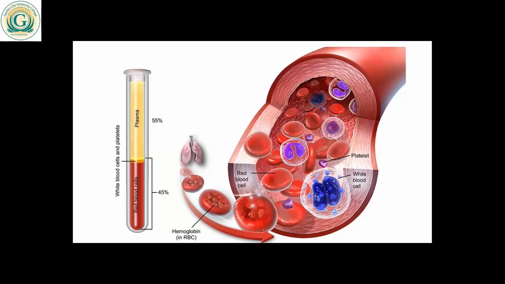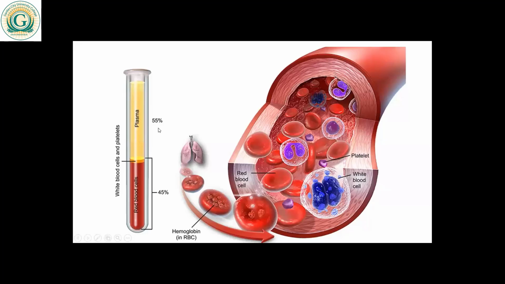So, to give a brief summary of the blood we've just learned, 55% of whole blood is made of plasma, which is the fluid part. Within this, we have proteins, hormones, vitamins, nutrients, and a whole lot that make up the plasma. But 90% of this plasma is also water.